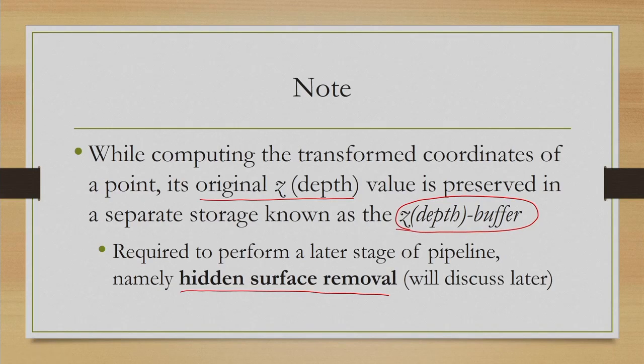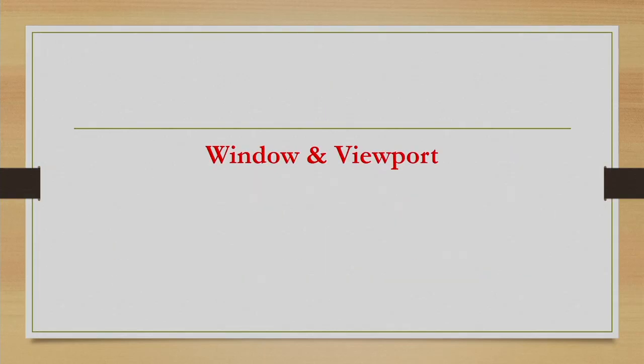So, we are actually not removing the depth information, although we are performing a projection. Instead, we are keeping it stored separately in the z buffer or the depth buffer, and this information is required to perform a later operation called hidden surface removal, which gives us realistic effect in an image.